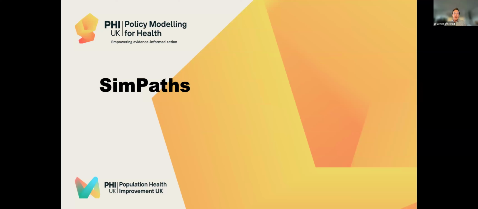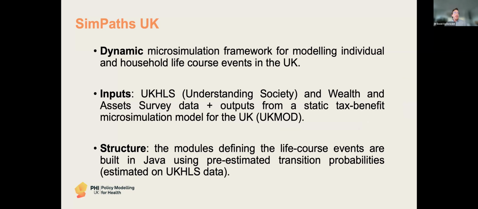With this distinction in mind, let me finally introduce SimPaths. SimPaths UK is a dynamic microsimulation model for life course events in the UK. In terms of inputs, it combines data from Understanding Society and the Wealth and Assets Survey with the outputs from UKMod.